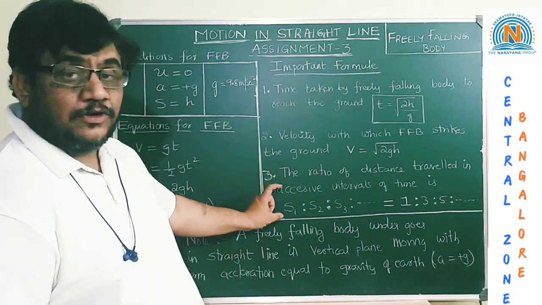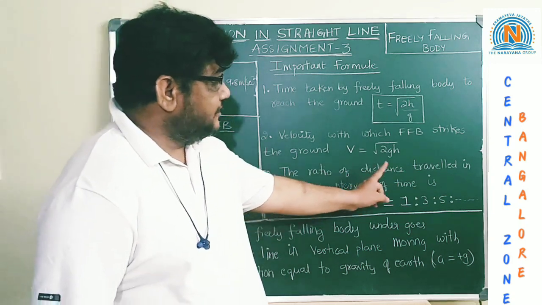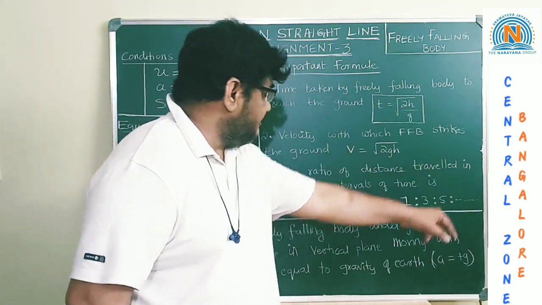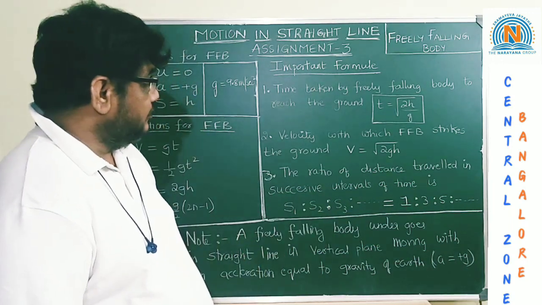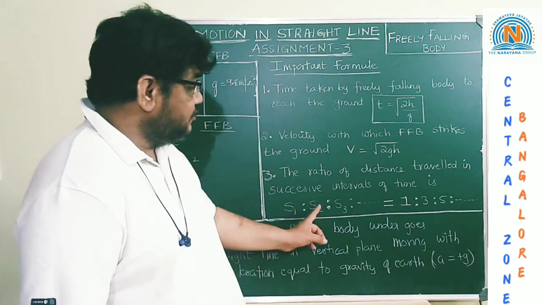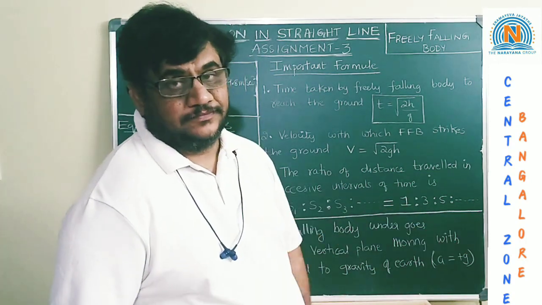This is a very important point. The ratio of distances travelled in successive intervals of time by a freely falling body is S1 : S2 : S3 = 1 : 3 : 5.